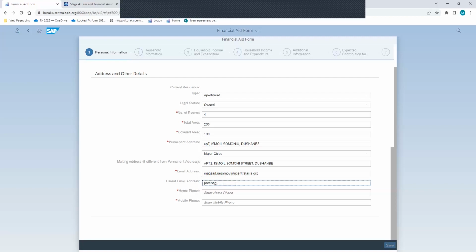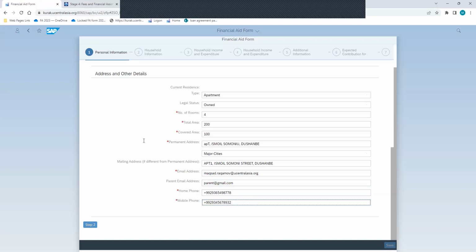Suppose it's parent@gmail.com. Home phone number, please type your number. The country code starts with plus, and I'm just typing some numbers here.